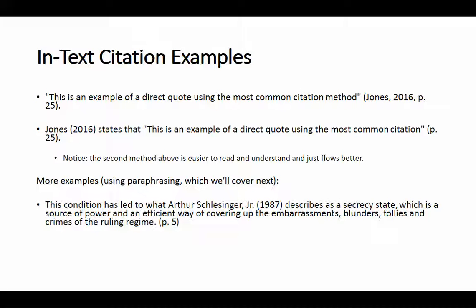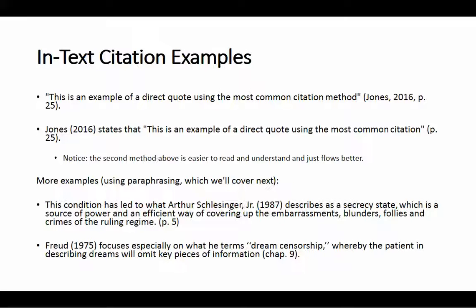And this is using paraphrasing, which we'll cover in the next video, so don't worry about that right now. But hopefully you can see that using this sort of signal phrasing, in other words, chunking up the in-text citation a little bit and giving some context to it, really gives you some flexibility to use the sources in better ways. Okay, so these are just two examples of that.